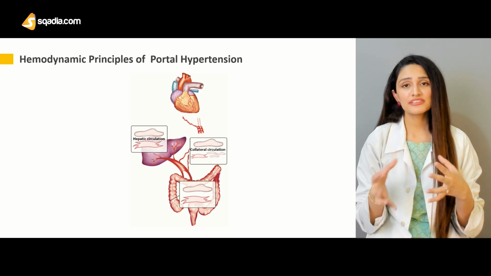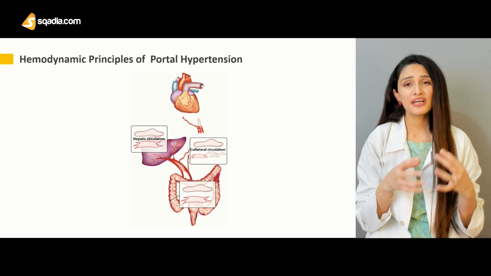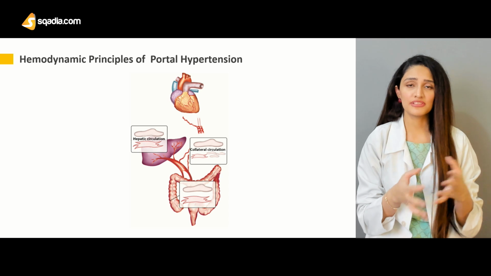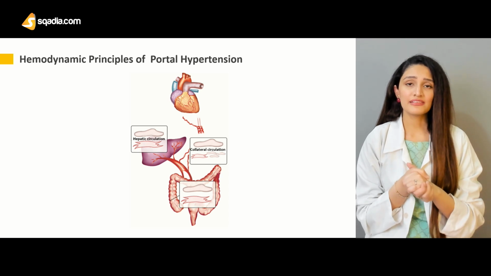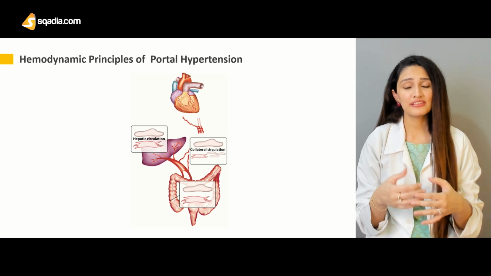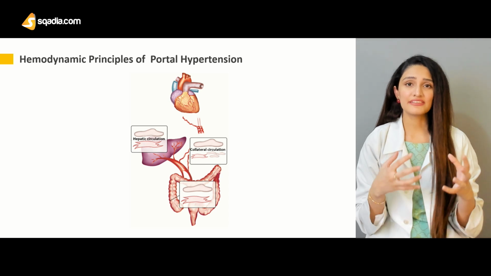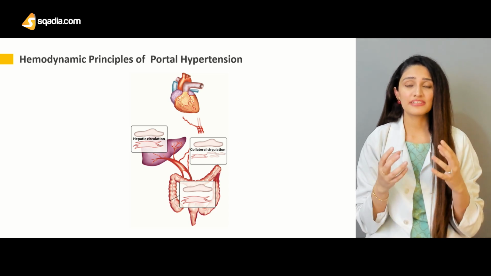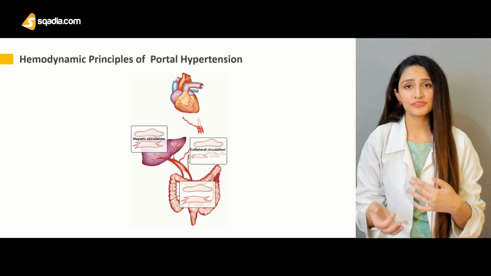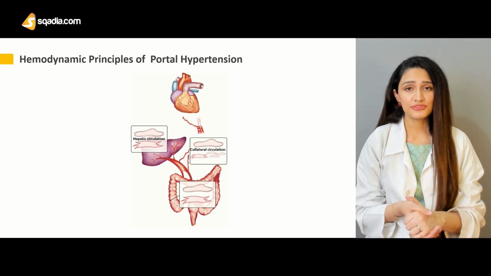This collateral circulation tries to decompress the resistance and hypertension within the portal system, but it is not done fully. It is very inadequate. The dilation of the blood vessels within the collateral system ultimately gives rise to esophageal varices and then bleeding from the esophageal varices.